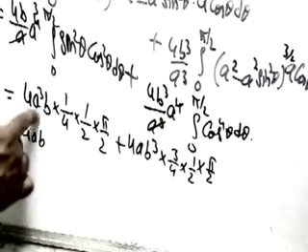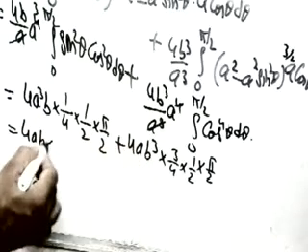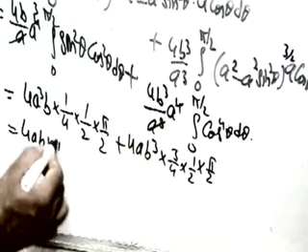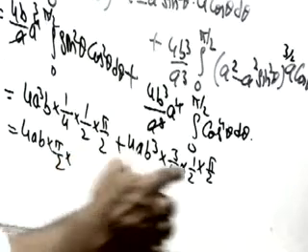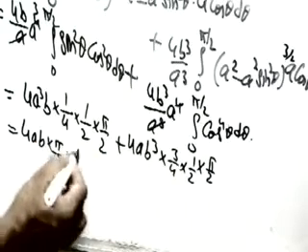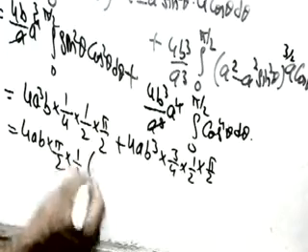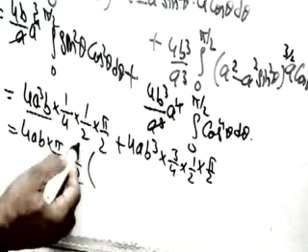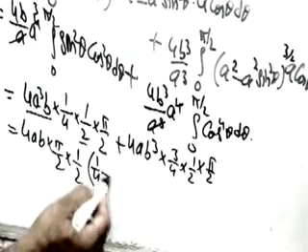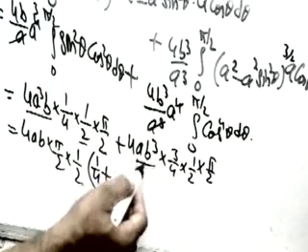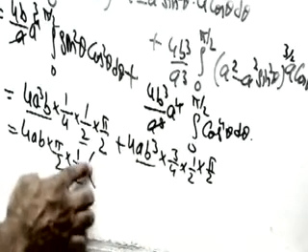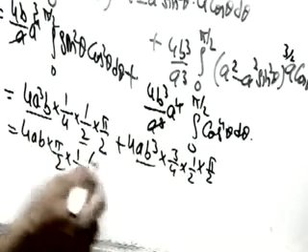We can take 4ab into pi by 2 from both. We can take pi by 2 into 1 by 2 also as common, so we have taken this common, this common, this common. What is left? 1 by 4, plus, sorry, what is left here?